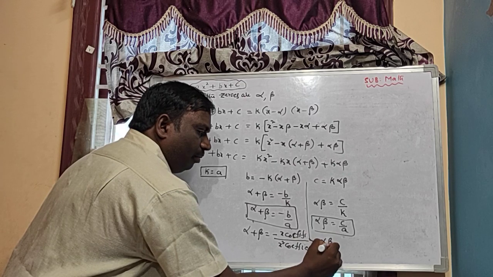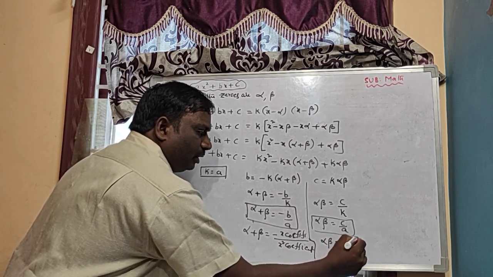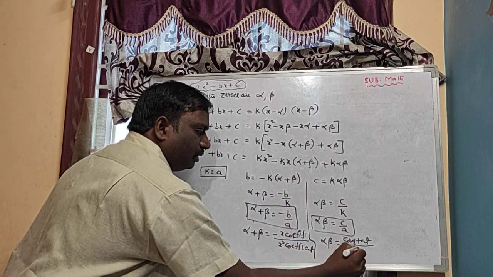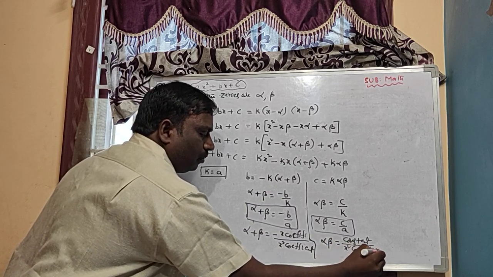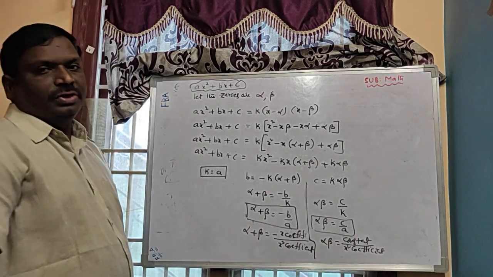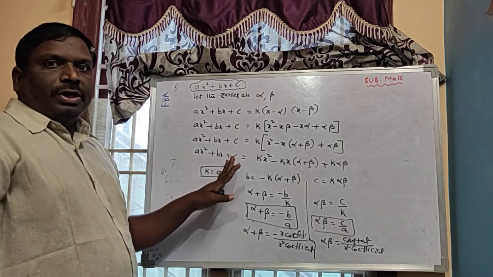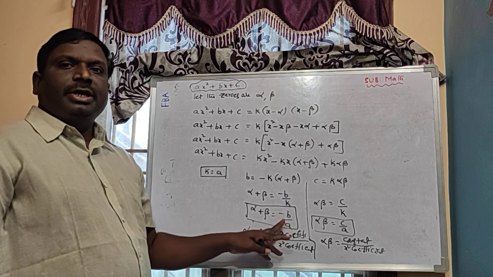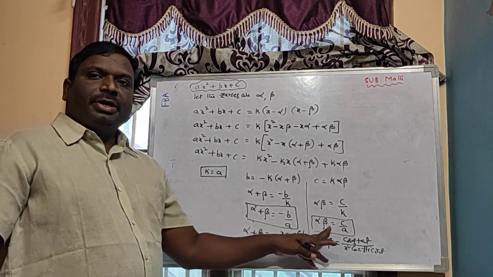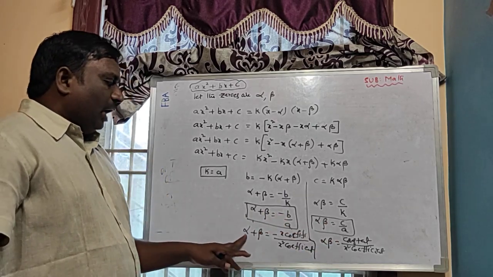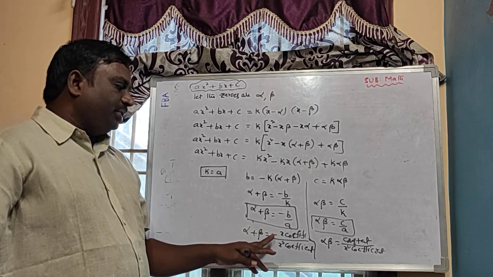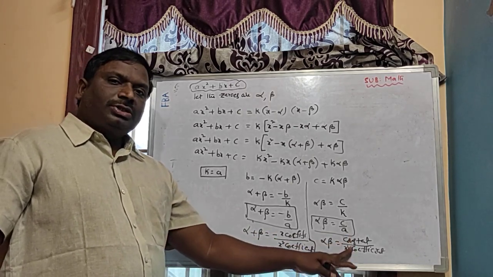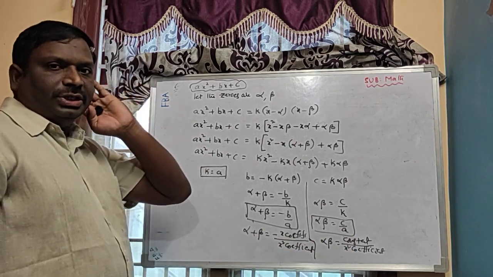Similarly alpha into beta equals c, a constant, by a, the x square coefficient. So we can conclude that alpha plus beta equals minus b by a, and alpha into beta equals c by a. Alpha plus beta equals minus x coefficient by x square coefficient, and alpha into beta equals constant by x square coefficient.